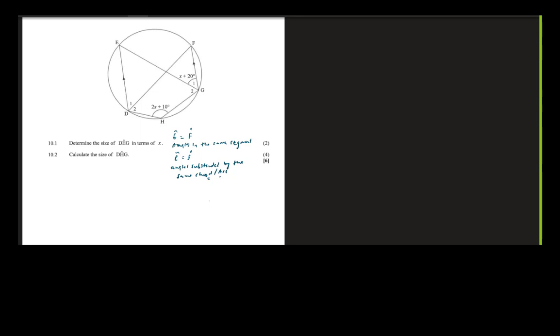Can you express D1 in terms of x? Angle D1 in terms of x. Can you express it in terms of x? Hint: angle subtended by the same chord.